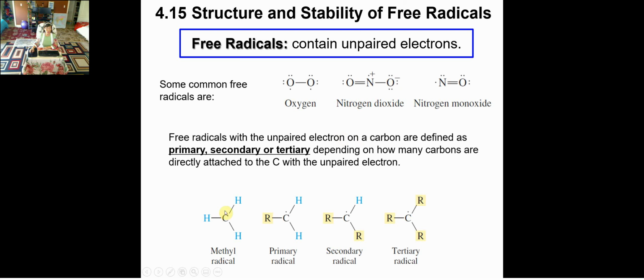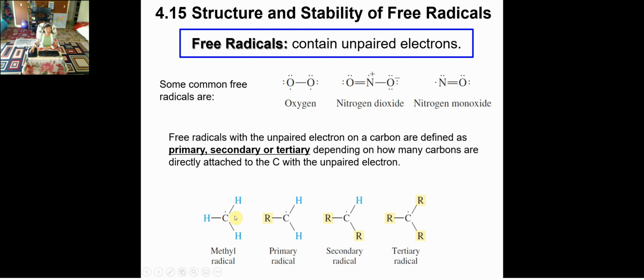In terms of carbon, radicals can also be primary, secondary, or tertiary, depending on how many other carbons the radical carbon is connected to. A primary radical means the carbon with an unpaired electron is connected to one other carbon.